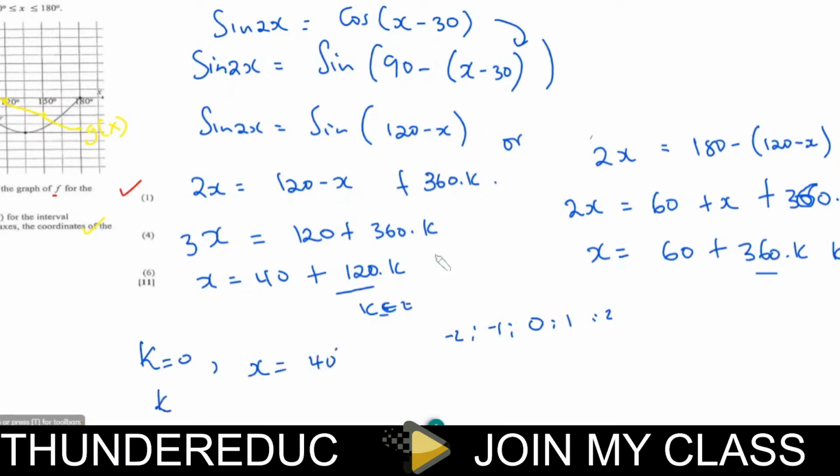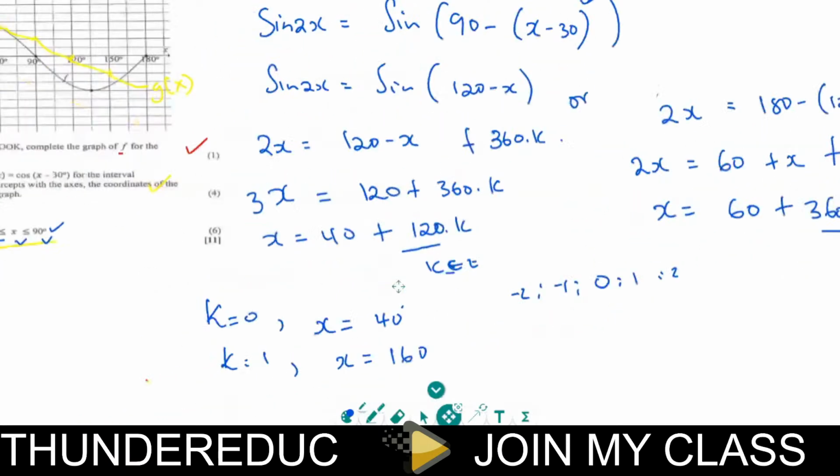If I replace k with a 1, x is going to be 160. But the moment I change k to a 2, that will be 280, which is out of range because we only want values between -90 and +90.